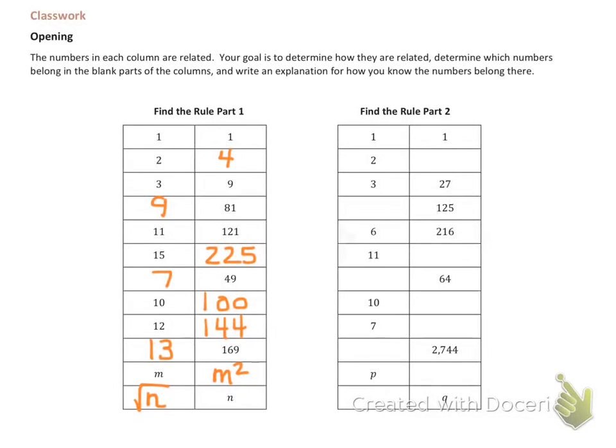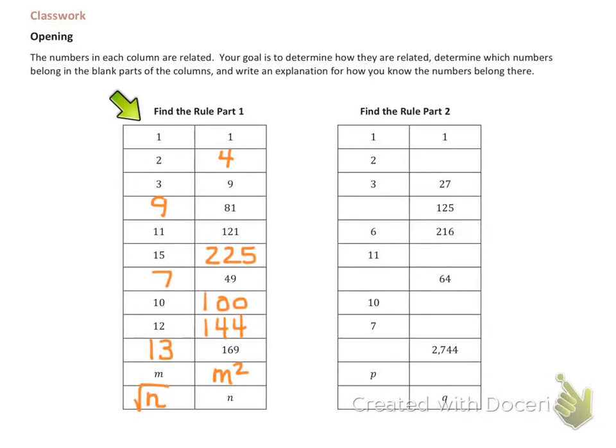So the rule for Find the Rule Part 1 is something like, to find the number in the second column, I squared the number in the first column. So 2 squared is 4, 3 squared is 9, and so on.